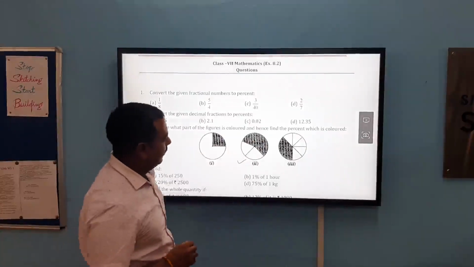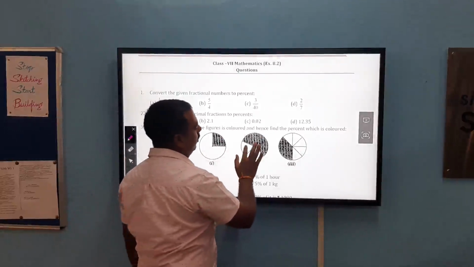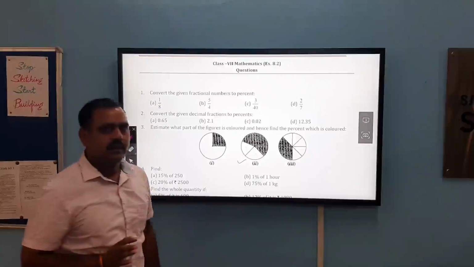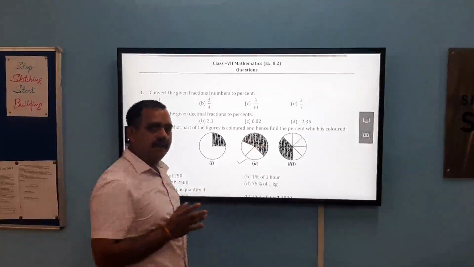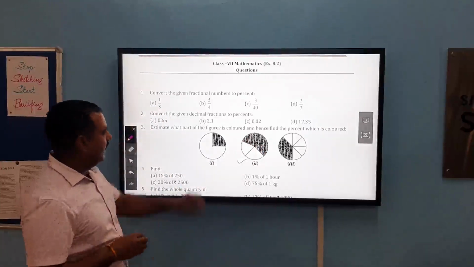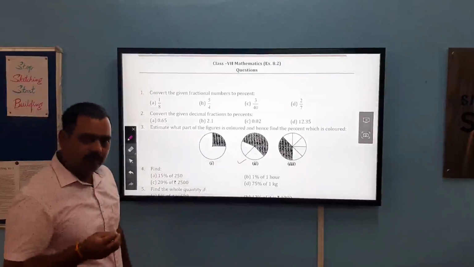In this figure, the whole circle is divided into 1, 2, 3, 4, 5 parts. And out of these 5 parts, 3 parts are shaded. So, if we write the fraction of the shaded part, then the fraction becomes 3 upon 5.